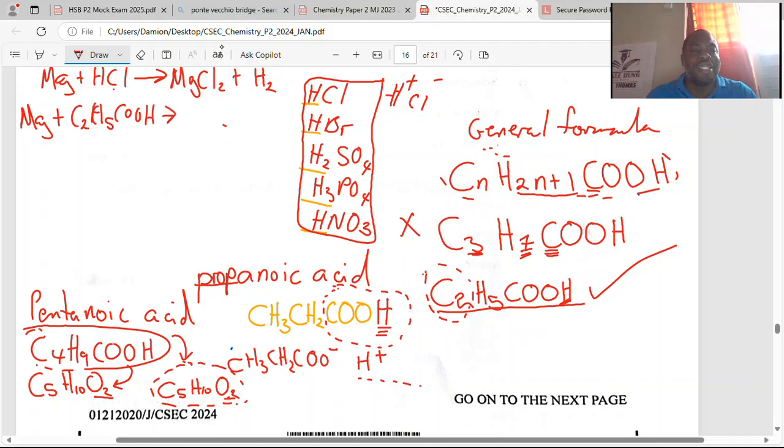Now, what is the name of the salt? It follows the same principle in terms of the name, but it changes in terms of how we write it. I think I should erase this and do it properly.